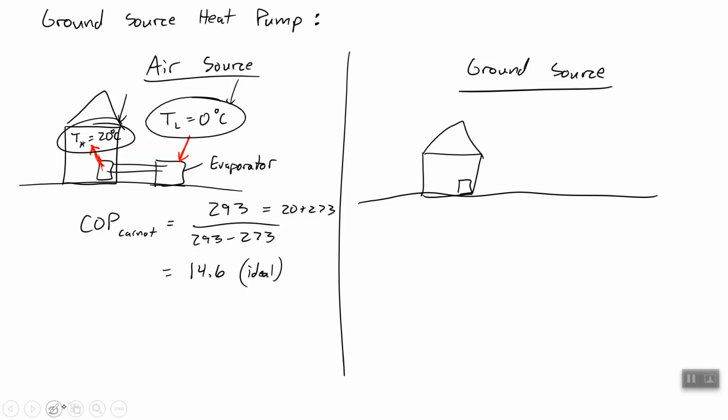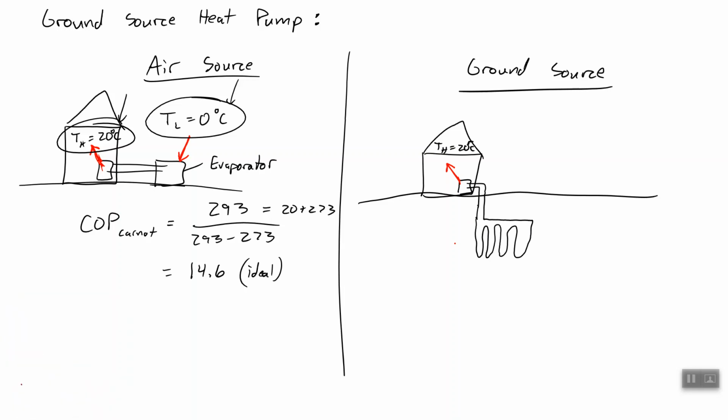So here's our condenser again, which is rejecting heat into our heated space, which is at 20 degrees Celsius. But then instead of absorbing that heat from the air, we're going to use pipes that are buried some distance under the ground.